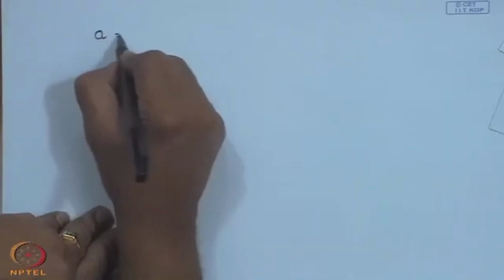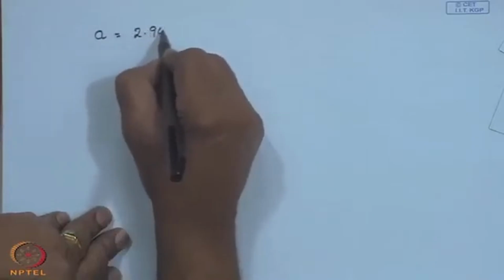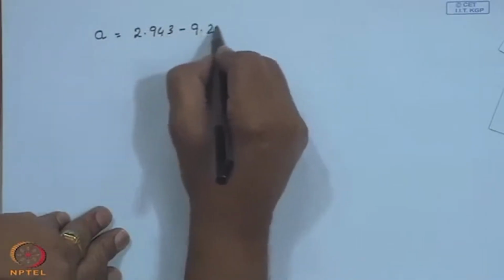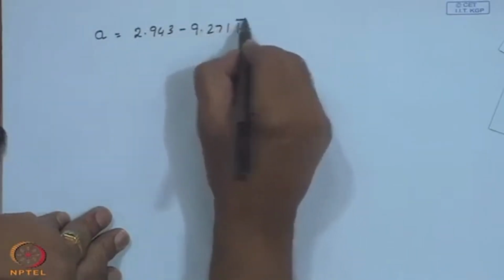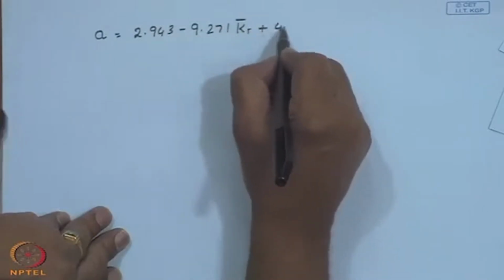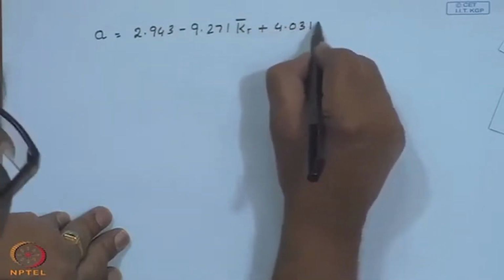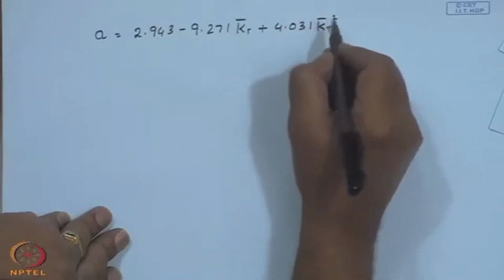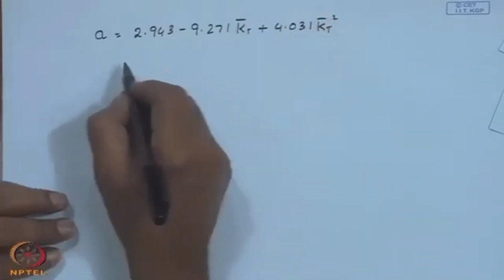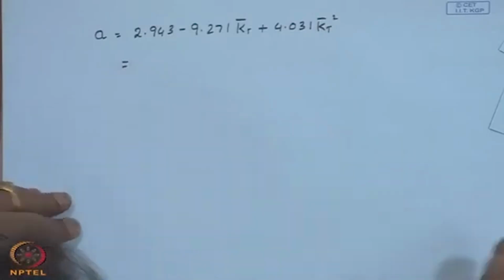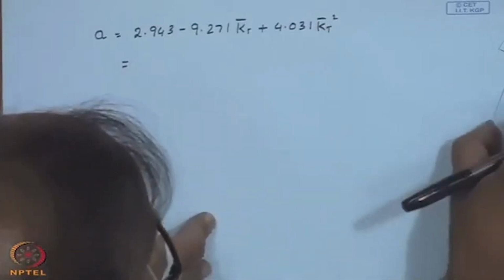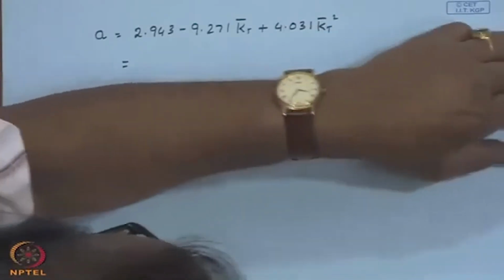So, the constants are a equal to 2.943 minus 9.271 kT bar plus 4.031 kT bar square. So, kT bar is 0.41 something, which we have already calculated, kT bar equal to 0.4136.